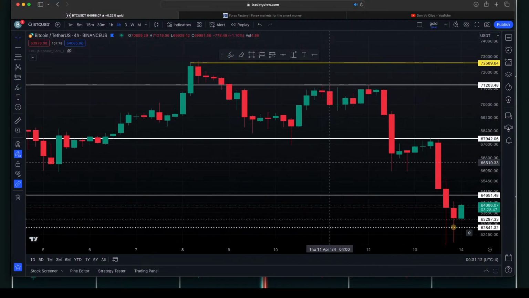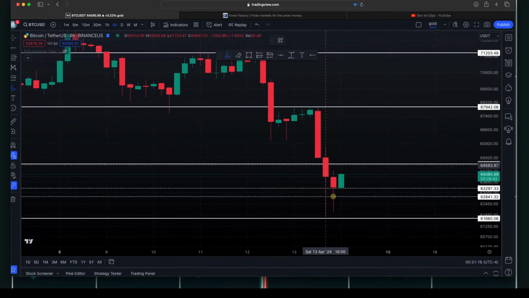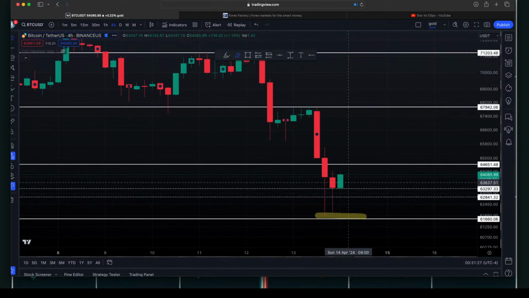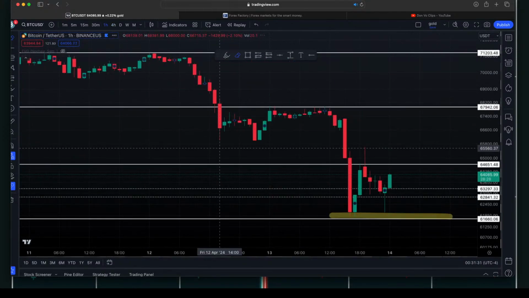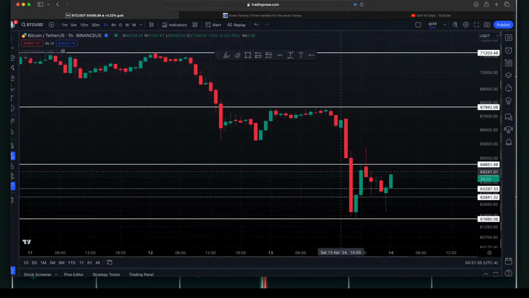So just for the idea of that, if this is the break of that low, I believe we might need to break this low one more time before coming back up. This is the inside bar though, so I could also be wrong. Or actually, look, on the 1 hour, this is exactly what I'm talking about.